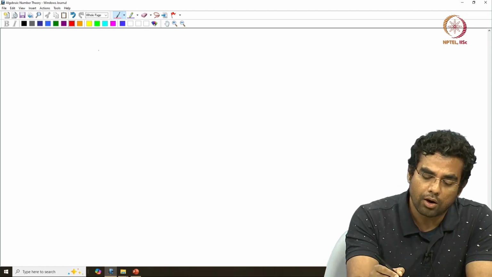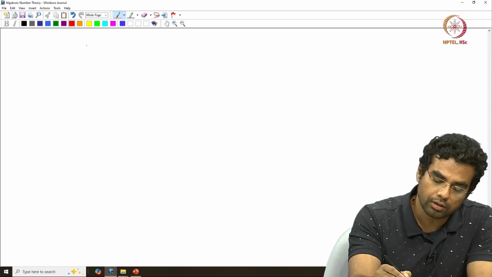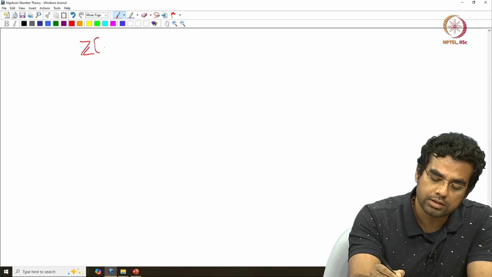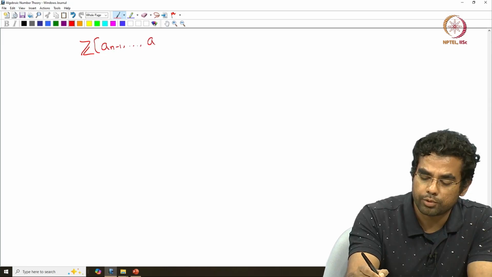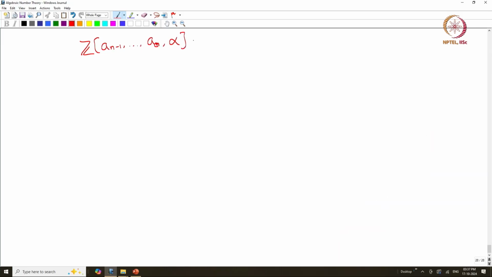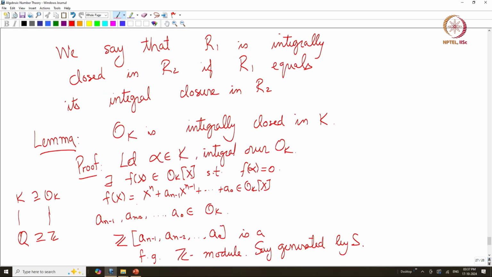Now, Z[a_{n-1}, up to a_0, alpha] is generated over Z[a_{n-1}, up to a_0] by 1, alpha, alpha squared, up to alpha^{n-1}. This is simply because alpha is a root of this polynomial f. We saw this earlier when we proved those 3 equivalent statements, we proved 3 implies 1.